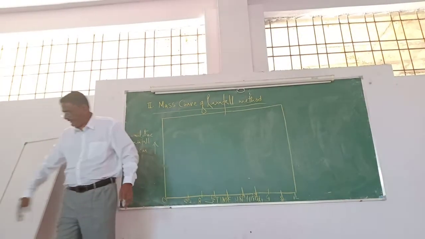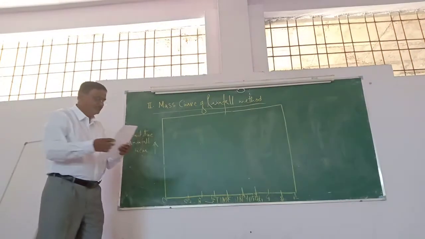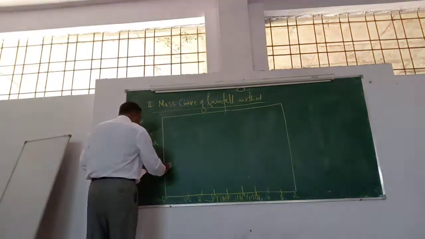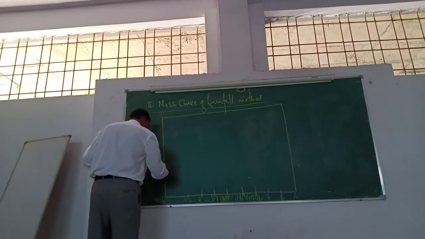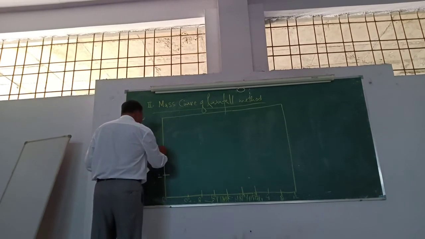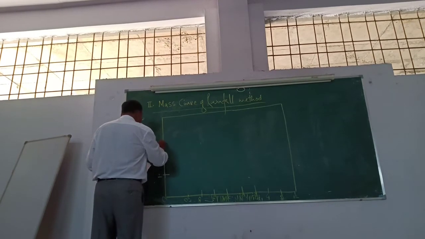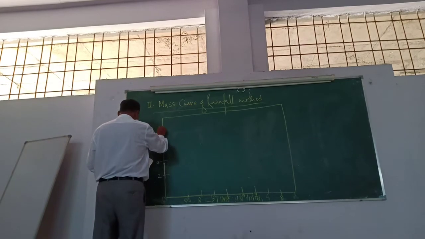Then 2 centimeters will be here. Then 2, next is 4 centimeters, next is 6 centimeters, next is 8 centimeters. The curve would have become big.